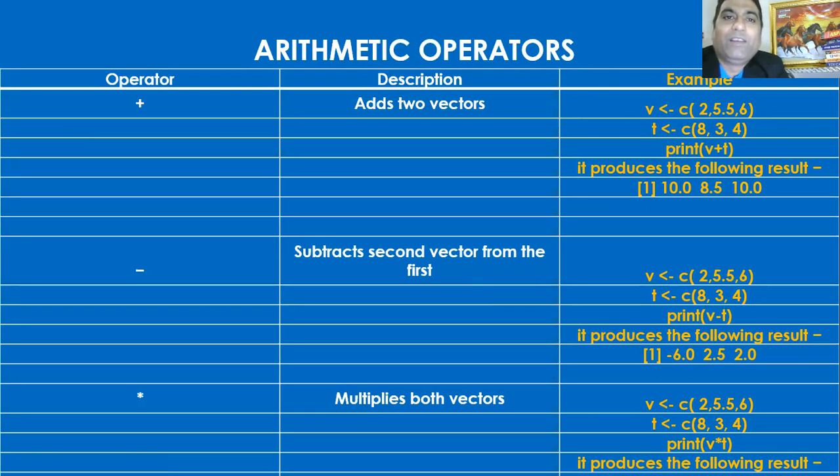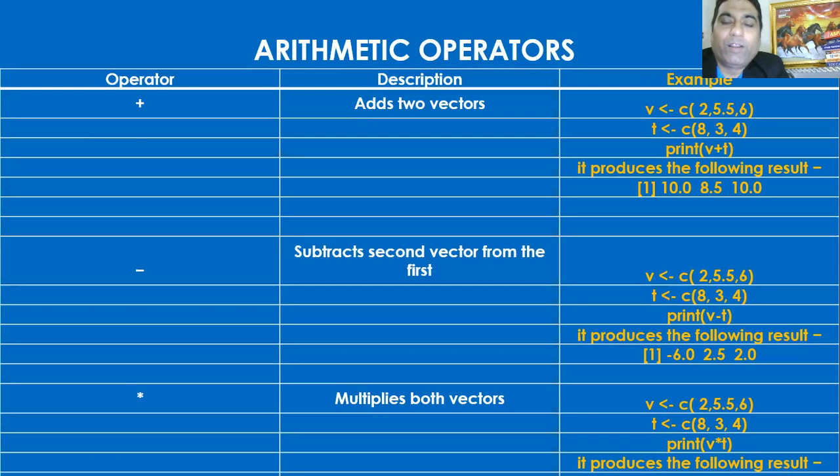In fact, v is a list that contains 3 values, 2, 5.5, 6. And t again, which is a second list of 3 constants, that is 8, 3, and 4. So print v plus t.